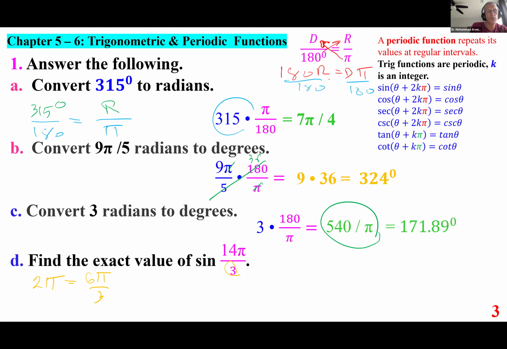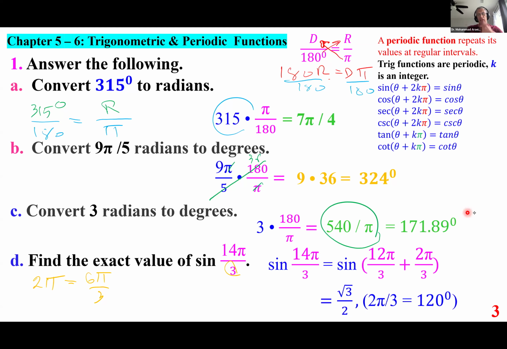Therefore, 14 pi over 3 is larger than that. If 6 pi over 3 is 1 complete revolution or 2 pi, then 12 pi over 3 is 2 of that, and that is the sum of 12 pi divided by 3 and 2 pi over 3. So the answer is 2 pi over 3. So sine of 2 pi over 3, and that's square root of 3 over 2.